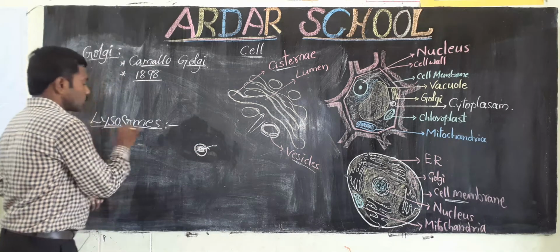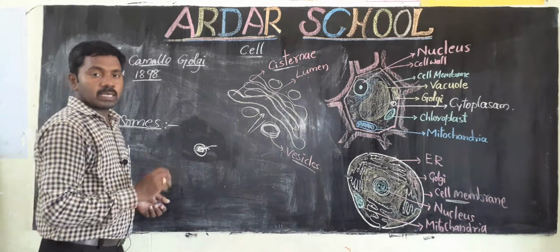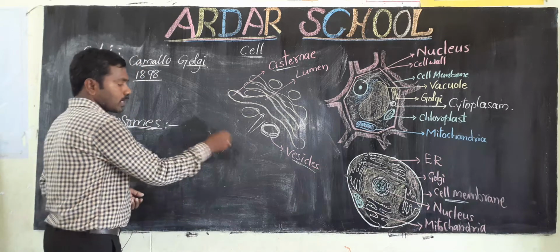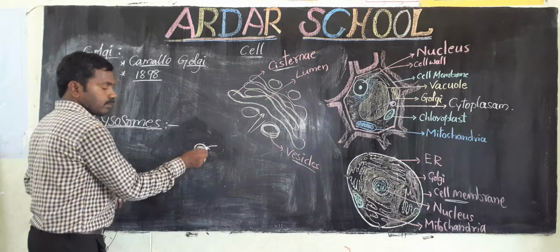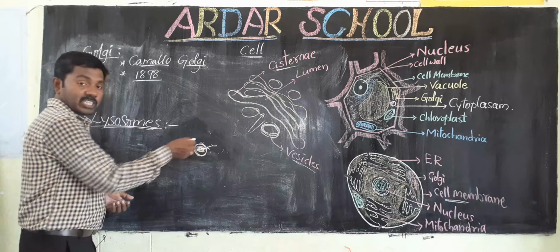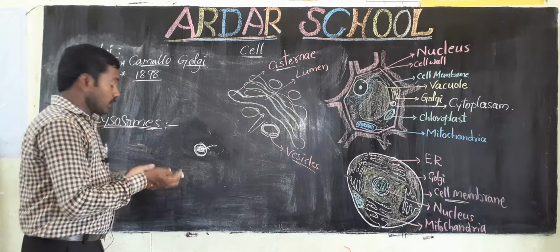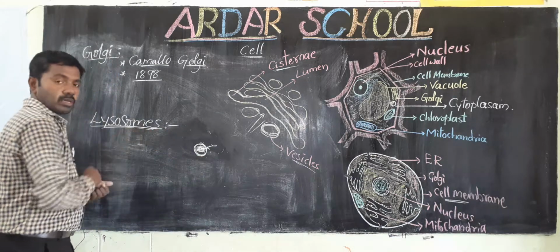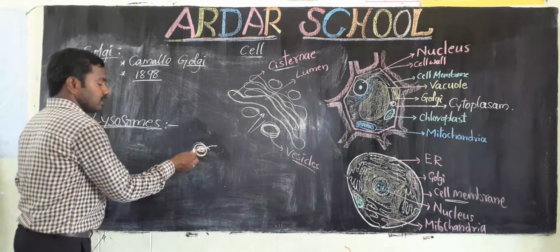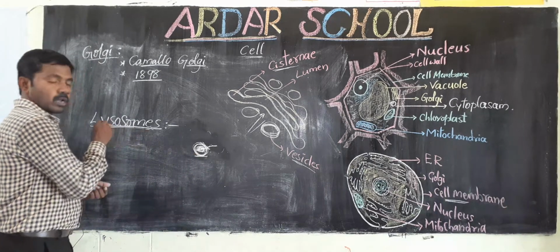That's why lysosomes are called the suicidal bags of the cell. Unwanted and poisonous material, whatever it may be, is collected and digested. How does it digest? It releases the destructive enzymes. With the help of enzymes it digests, and after that it bursts. That's why lysosomes are called the suicidal bags of the cell.